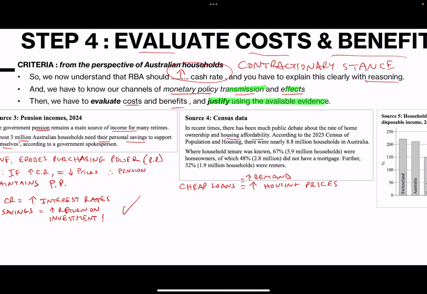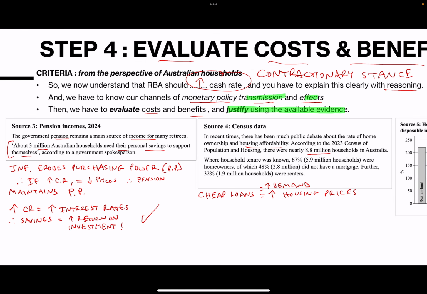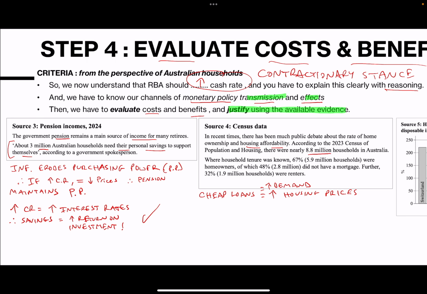Cheap access to money increases demand, therefore increases housing prices. There were nearly 8.8 million Australian households. So we've got 8.8 million households and 3 million pensioners.